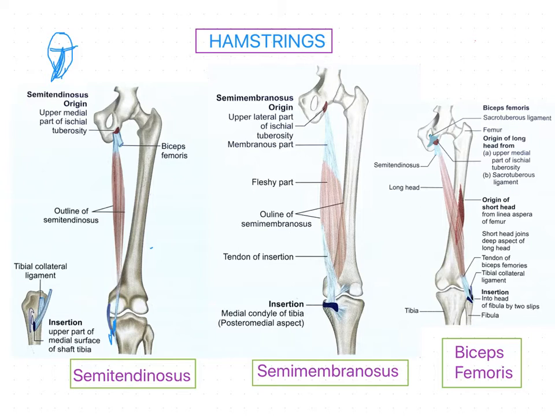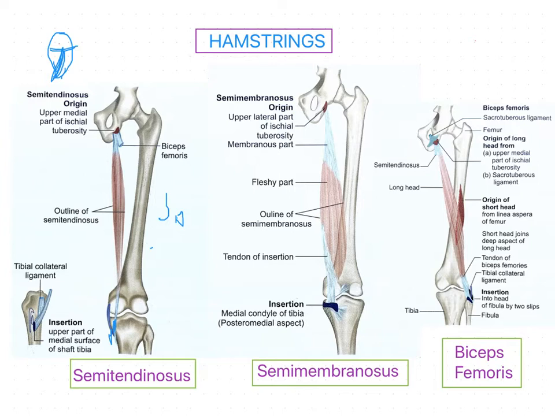And this one is supplied by the sciatic nerve, the tibial part of the sciatic nerve. If you see the action, we are going to see all these actions together. This is about the origin, insertion and nerve supply of semitendinosus.